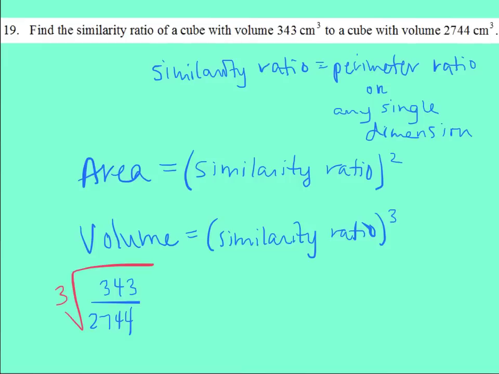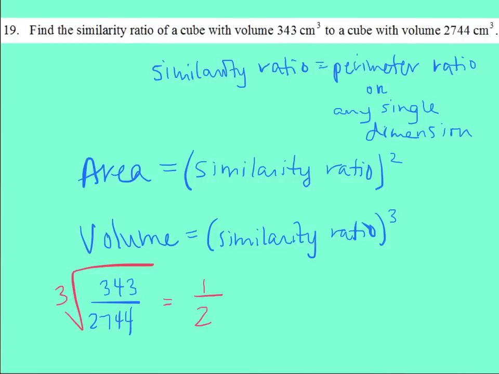Now you have a fraction button that you can put into your calculator. 343 divided by 2,744. And what you end up with is a simplified answer of 1/2.